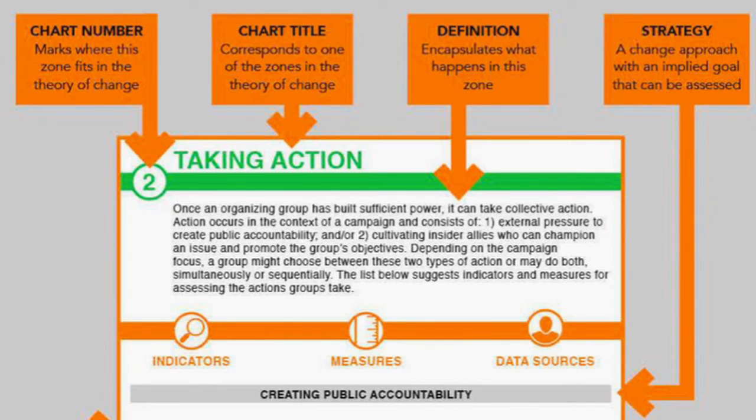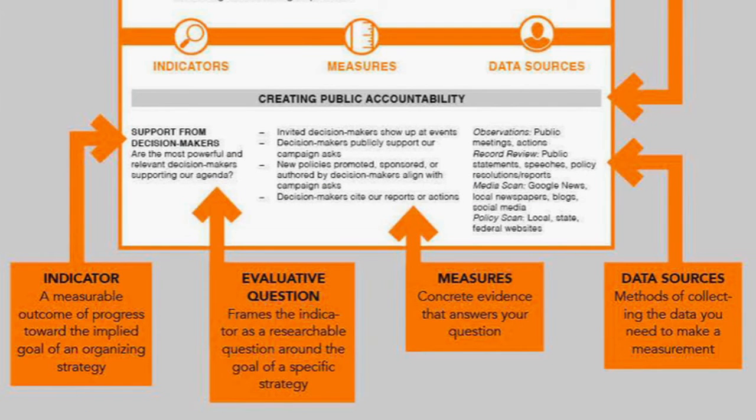For every strategy, you'll see indicators and an evaluative question. This evaluative question is a sample, but it gives you a start on how to ask an evaluative question about this area. You'll see a set of measures, and then data sources for how to collect information about these measures.